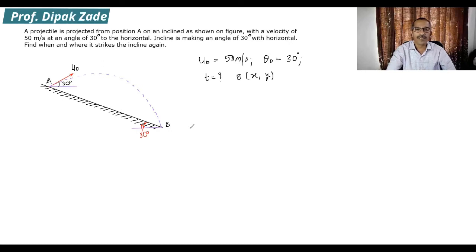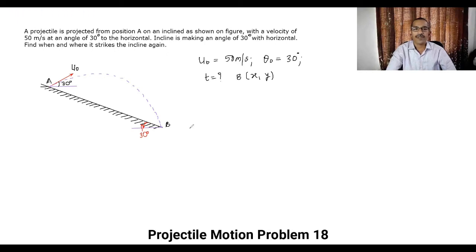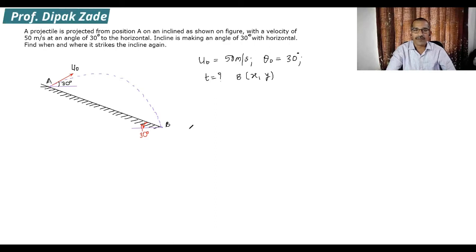Now, if you see the figure carefully, what you know is the inclination of the plane. That means from A to B, the length, or that inclined range r, you can divide into two parts from the inclination. A relation between x and y is possible.